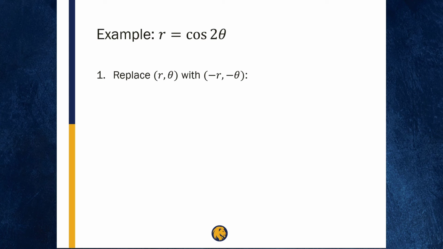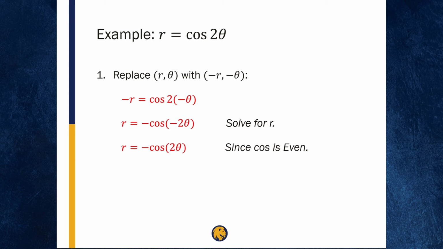On the other hand, if we replace r comma theta with negative r comma negative theta, then the equation would look like negative r equals cosine 2 times negative theta, or r equals negative cosine of negative 2 theta. This is what happens if I solve for r, moving that negative from the r over to the other side.